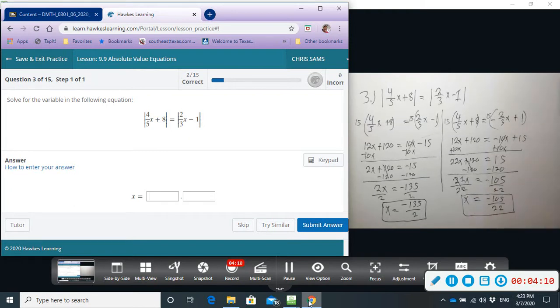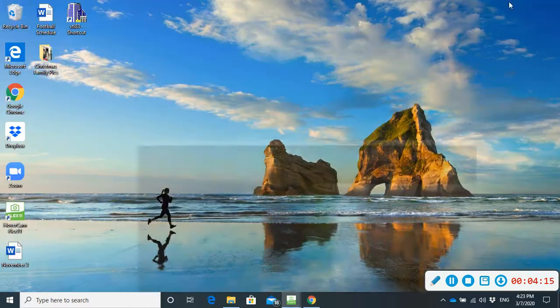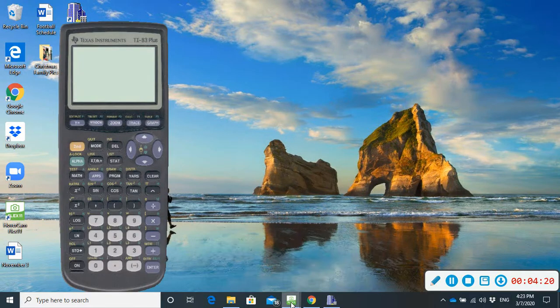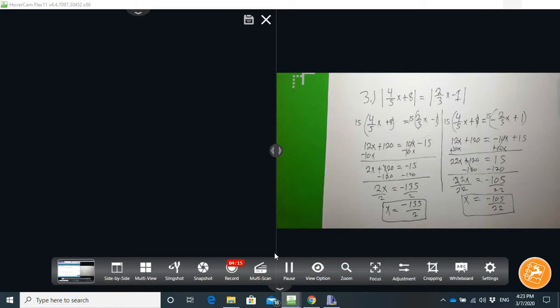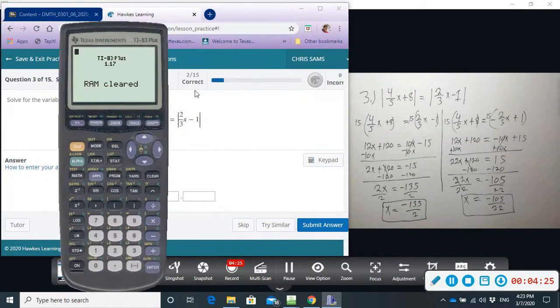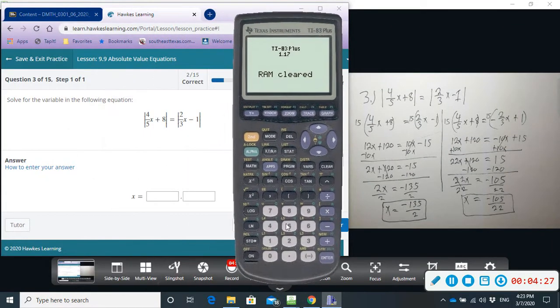Just to be a little cautious and careful, we'll verify and check with a calculator. So I'm going to make sure 8 times 15 is giving us 120. And then if I do negative 135, actually I want to clear this, I have to do the negative.